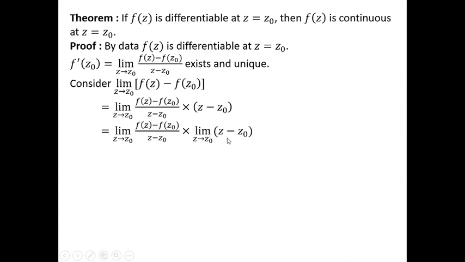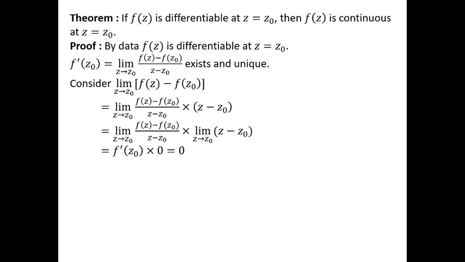We are applying only for the second term. Put z = z₀ here, z₀ minus z₀ gives 0. And this one, limit z tends to z₀ of (f(z) minus f(z₀)) divided by (z minus z₀), can be written as f'(z₀). So f'(z₀) into 0 is equal to 0.